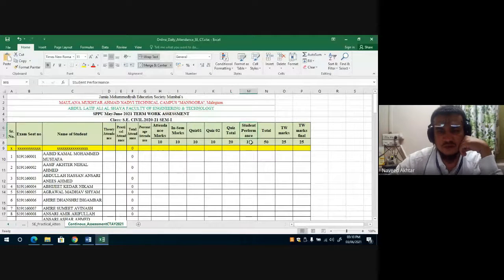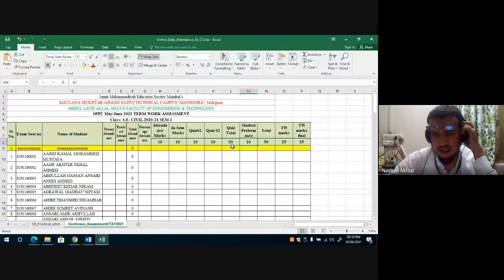Then the student performance, their oral answers, etc., for 10 marks. Student behavior is also considered here. Then total marks will be 50, and then 50 marks is converted to 25 marks, and the final marks, that is the rounded value, will be written here. That is nothing but your term work assessment.